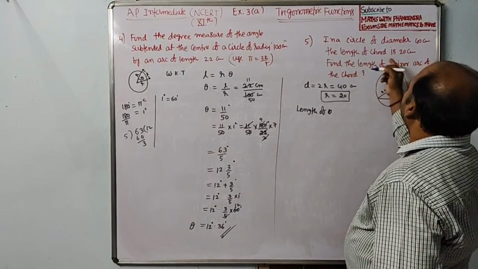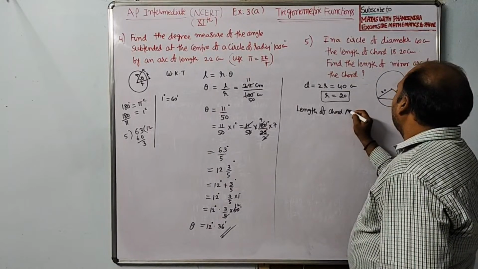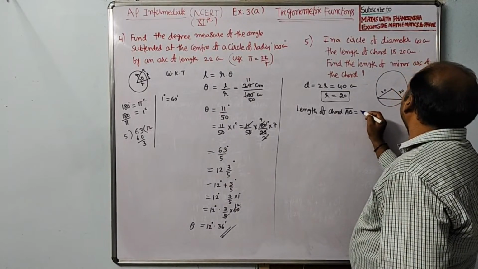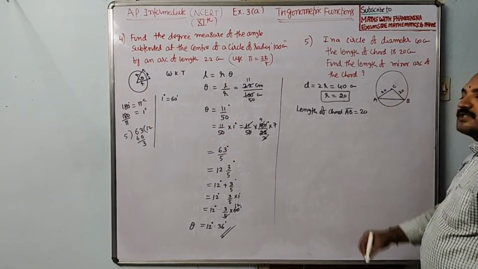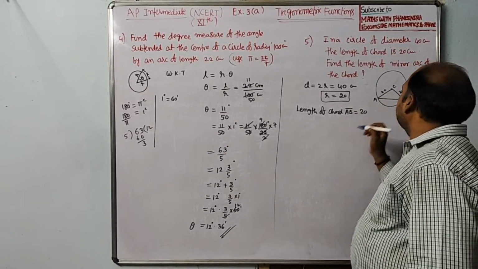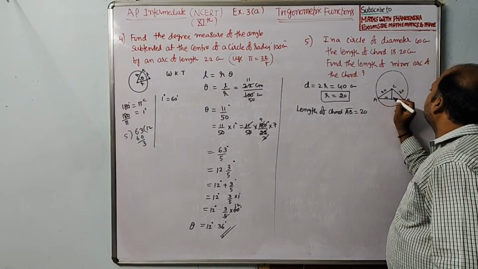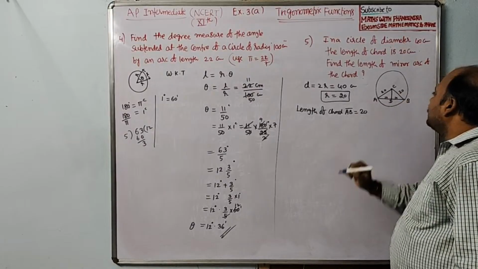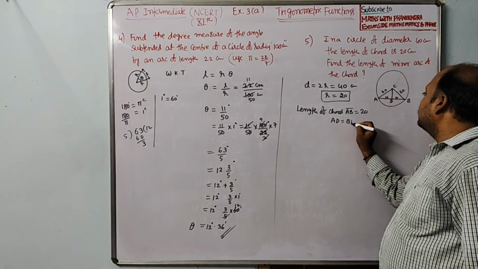Find the length of minor arc. Length of chord is given. According to the figure, length of chord is 20. This is A, this is B, dear students, this is center C. AB is equal to 20. So draw this perpendicular, this 10, no? This is D, you can take it. So AD is equal to BD is equal to 10.